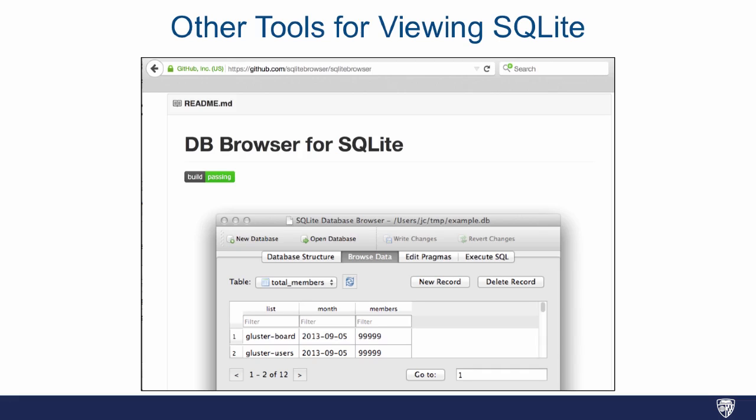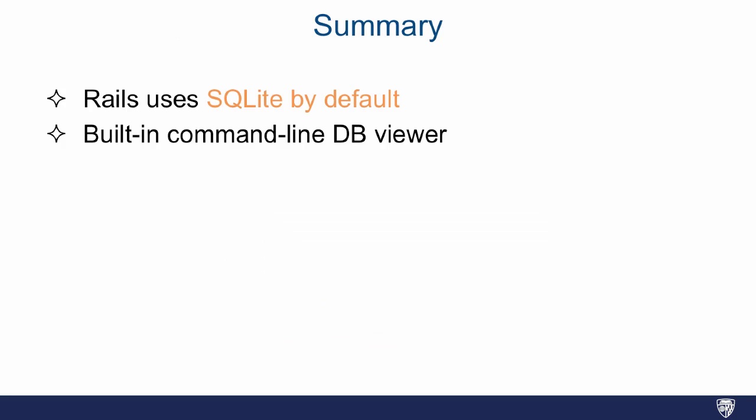Once you have your Rails application, you automatically have access to your SQLite schema and data in the SQLite database by doing rails db. So in summary, Rails uses SQLite by default, and there is a built-in command line DB viewer to view the contents and the schema of your database.